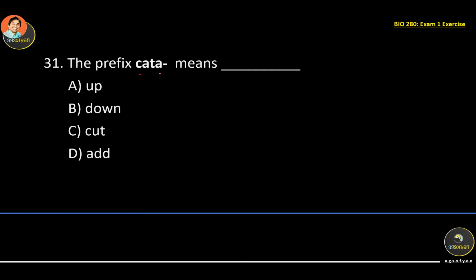Kata, like catabolism. Now, what is catabolism? This is a chemical reaction that decomposes bigger molecules to smaller molecules. In other words, this is a breakdown reaction.